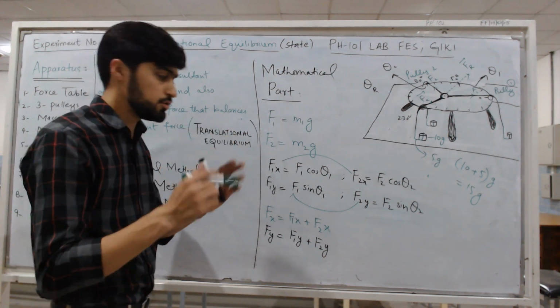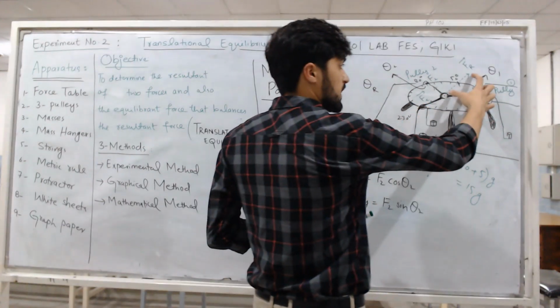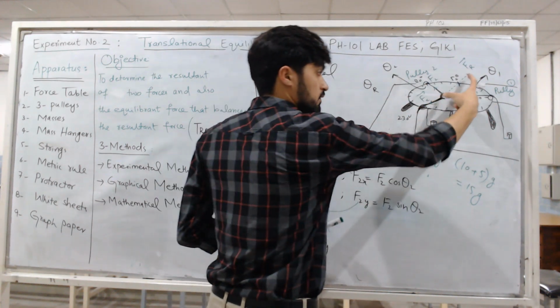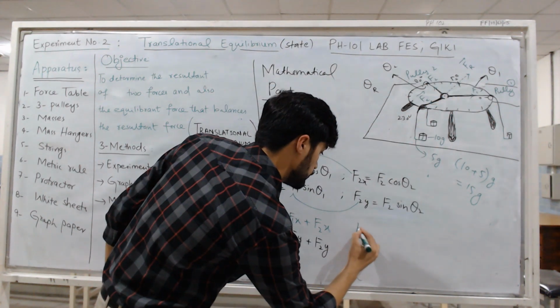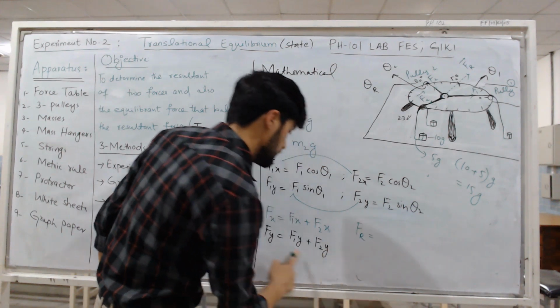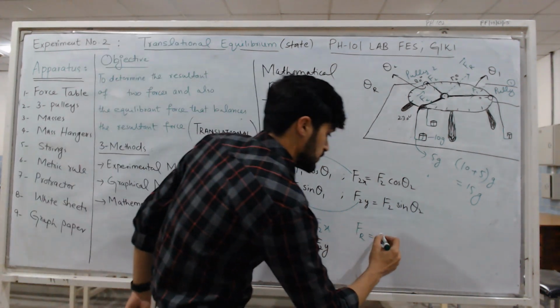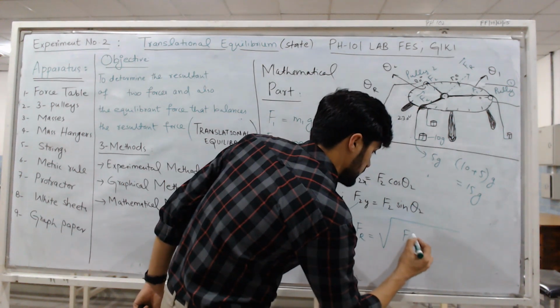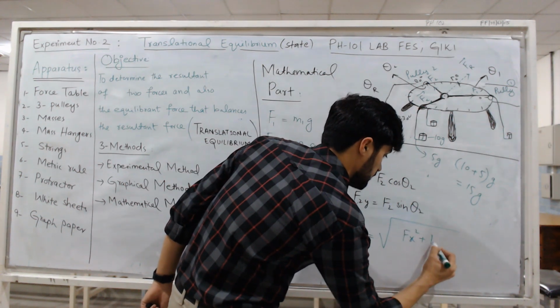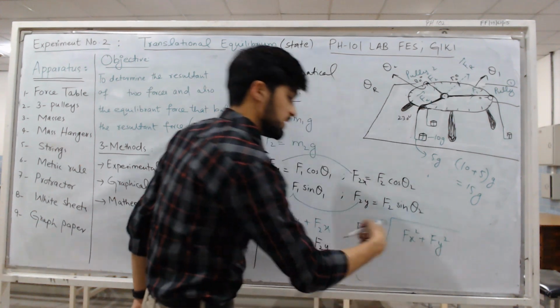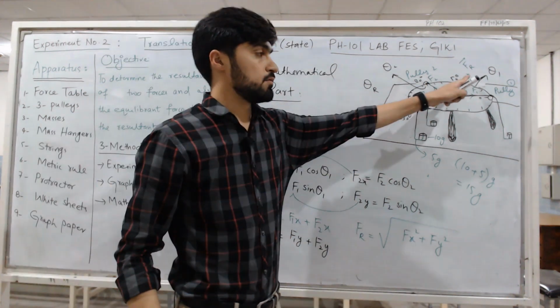Now we can easily find the magnitude of the resultant force. How much is the magnitude of the resultant force? The magnitude of the resultant force, the length of this vector, is equal to the square root of the sum of the squares of these two components, Fx and Fy. So it is the square root of Fx square plus Fy square. This will give the resultant of this force.